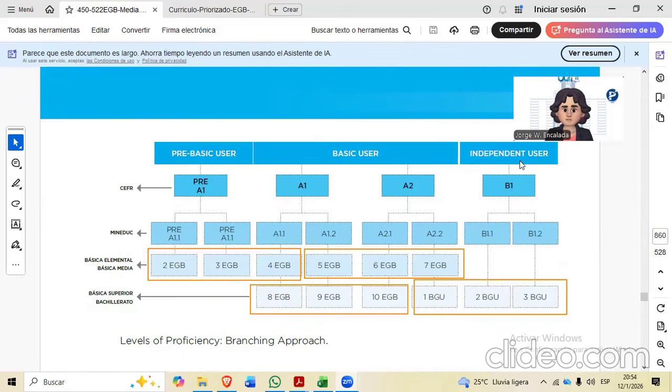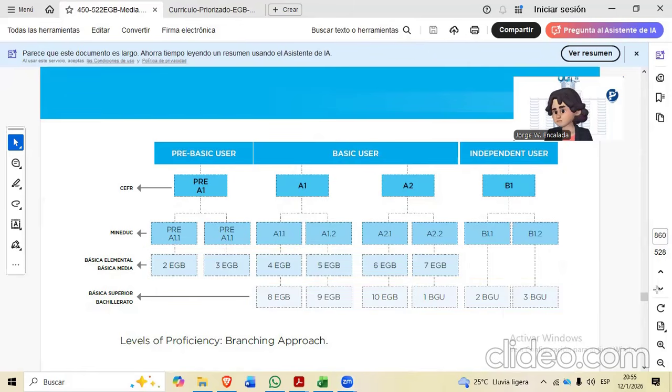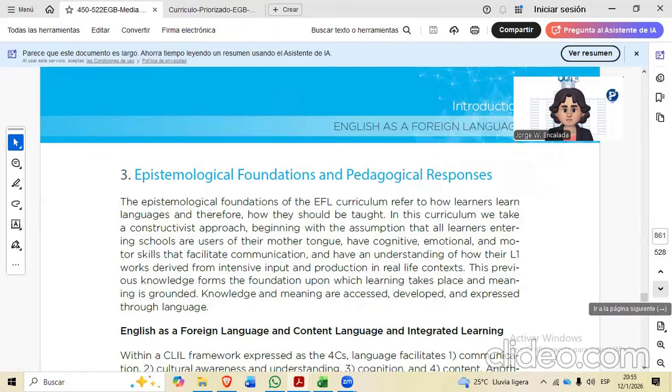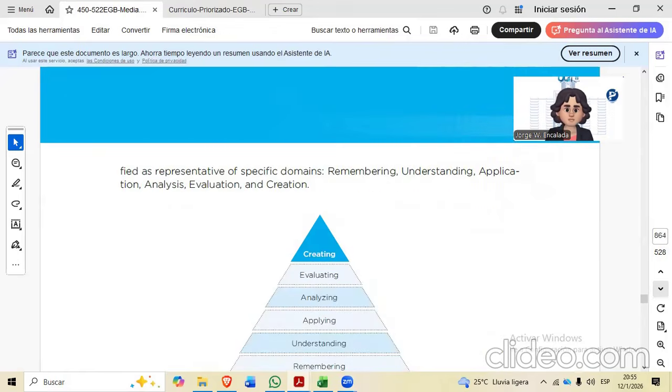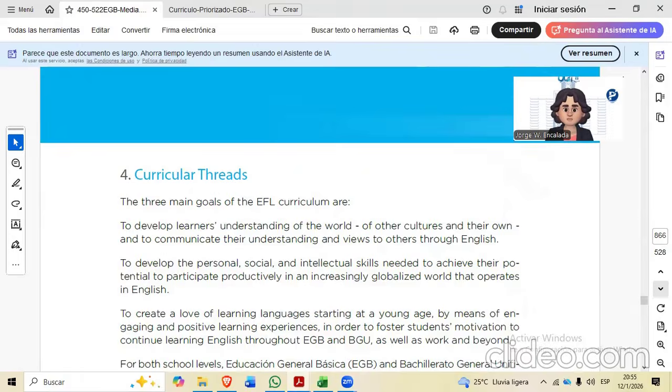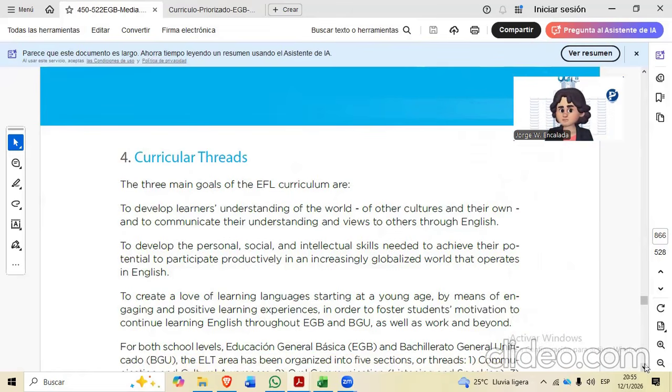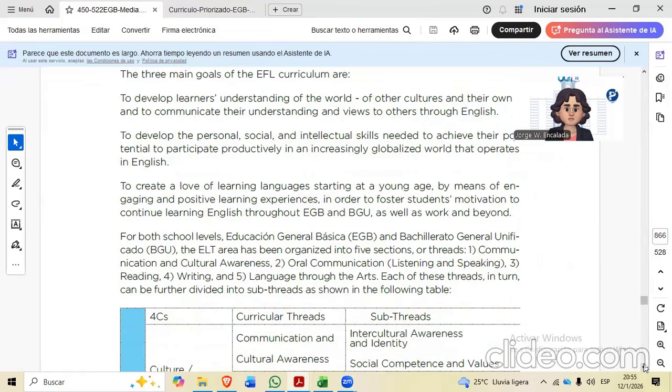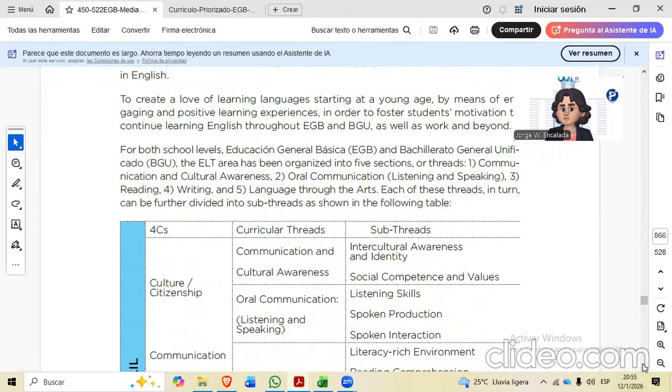Now let me erase these annotations around here. And before we move on to the actual program, another thing that you have to consider is that the program was built upon different principles. We also divide the program into curricular threads.